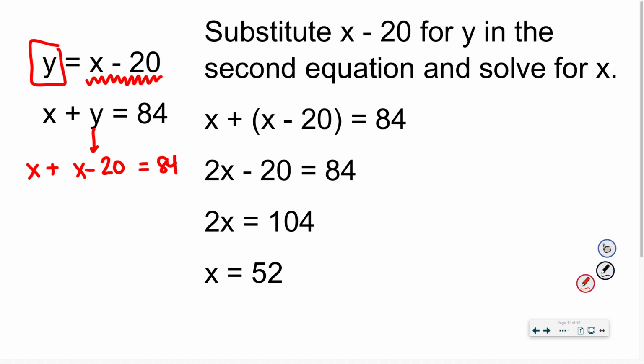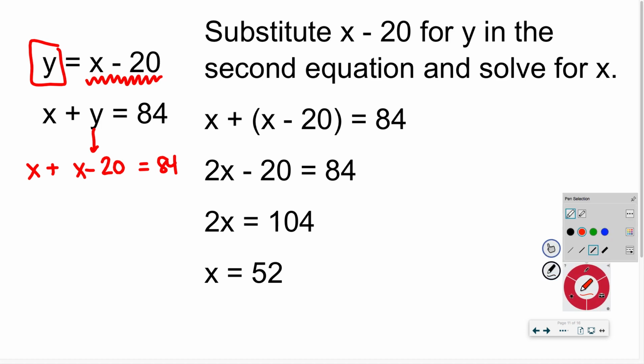I'll actually do it in a different color. When you're learning about systems this way, different colors are really nice because it makes it nice and clear. Once the equation is in that format, I have not changed the value in any way, but I rewrote the equation so that I can solve it.